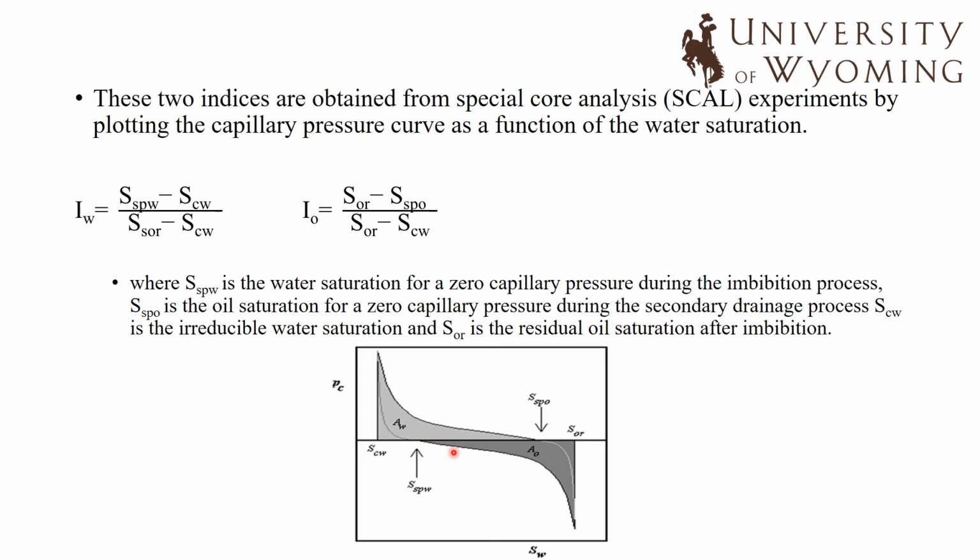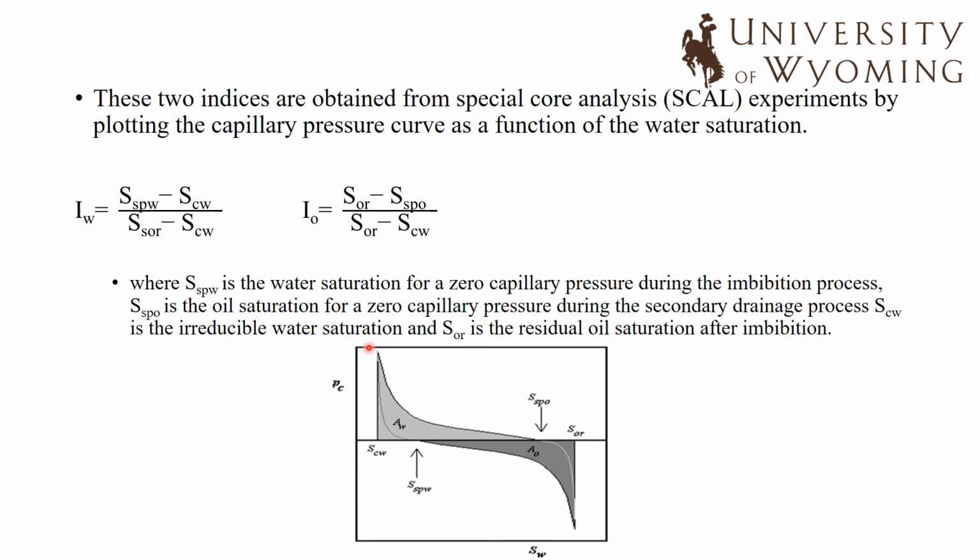Then we have to force the rest of the water in by forced displacement until we reach a certain residual oil saturation that we cannot go beyond. So what matters in this curve is those four points: the Swc, or irreducible water saturation; the saturation of water at capillary pressure of 0 after water spontaneous imbibition; the saturation after spontaneous imbibition of oil; and the residual oil saturation.